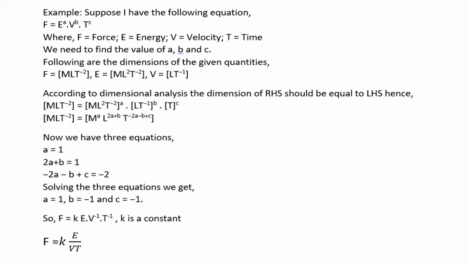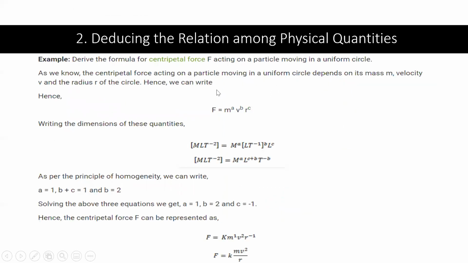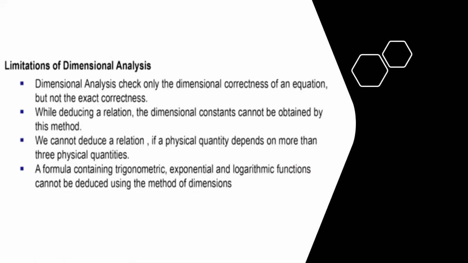See, in all these deductions, we considered that force depends upon 3 physical quantities. Here, time period depends upon 3 physical quantities. Here, force again depends upon 3 physical quantities. So, if any quantity depends upon more than 3 quantities, we cannot deduce a relation. Means we cannot deduce a relation if it depends upon more physical quantities than mass, time, and length.